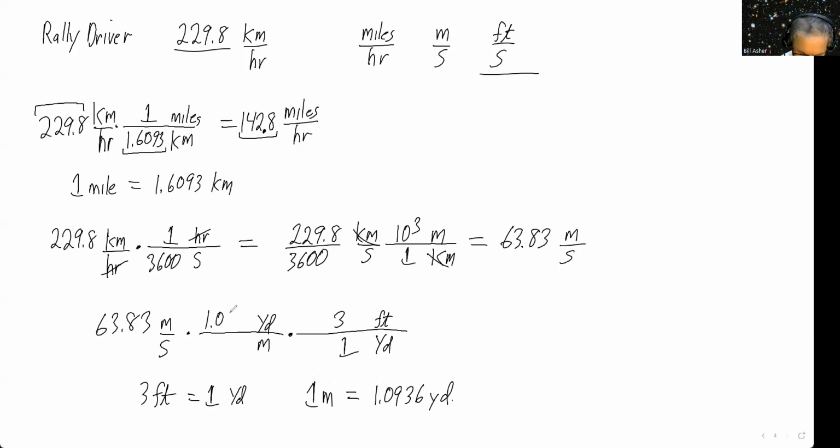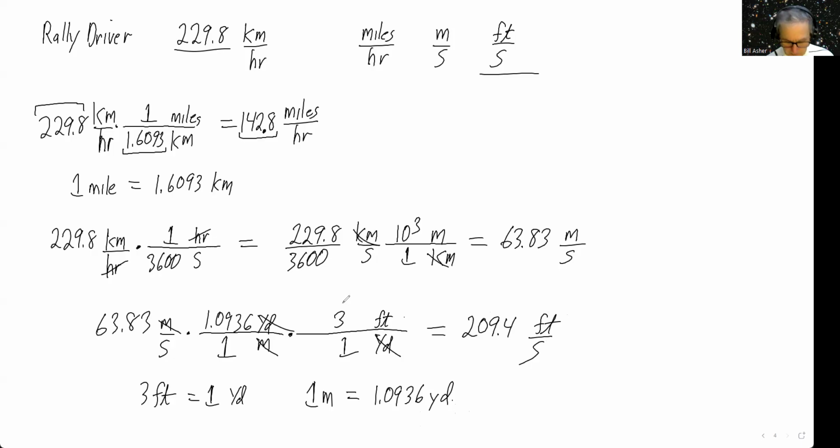So 1.0936 yards over 1 meter. So meters will cancel meters and yards will cancel yards, leaving me with feet per second. So 63.83 times 1.0936 times 3, and this is 209.4 feet per second.